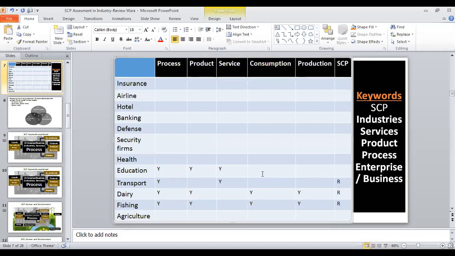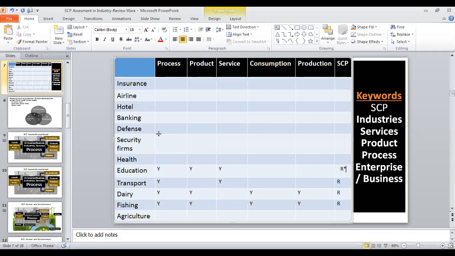Consumption, no. Production is not that kind of industrial one. But sustainability is something relevant. This is not about consumption and production, but there is something like that somehow. So I put R star.